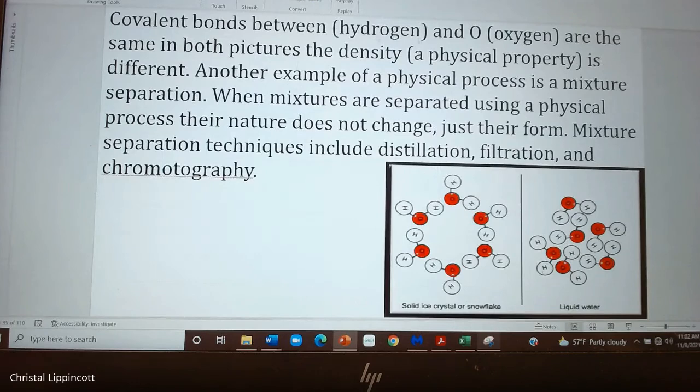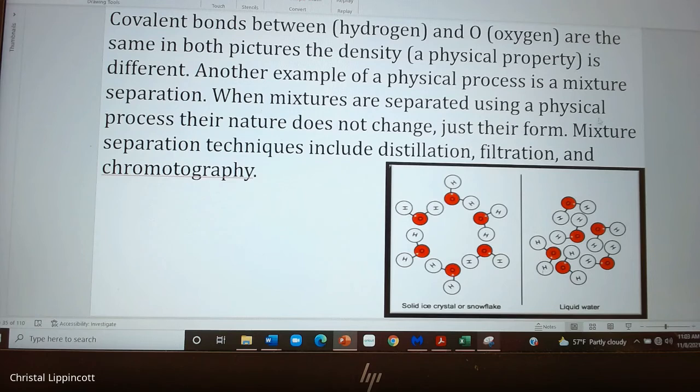Covalent bonds between hydrogen and oxygen are the same in both pictures. The density, though, is different. Solid ice is going to be more dense than liquid, which is kind of weird because for most things, the solid form is more dense than the liquid form, but ice is one of those strange things where that's not the case. But that's a physical property. Less dense. Yep, ice floats on the top because it's less dense.